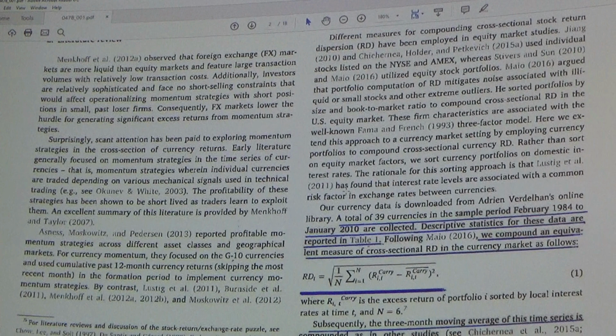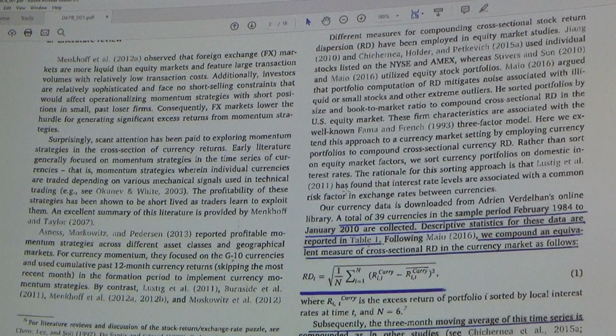From his data library, we use a total of 39 currencies, denoted in US dollars, of course, over the period from February 1984 to January 2010. Unfortunately, his data set ends in January 2010.